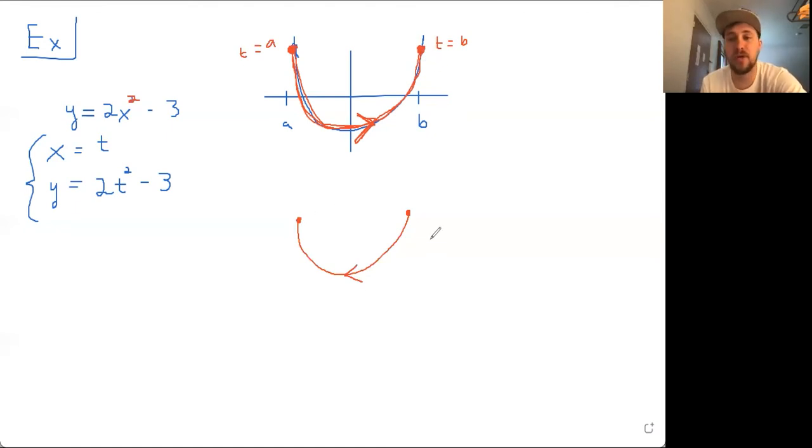But if we wanted to reverse the orientation, or define a parameterization that flips how we travel along this curve, like instead of starting from A to B, we would go from B to A. Now what we want is that at time t equals a, we're over here, at the point x of b, y of b.